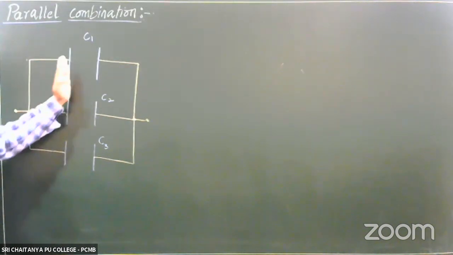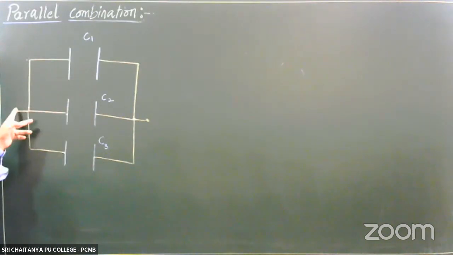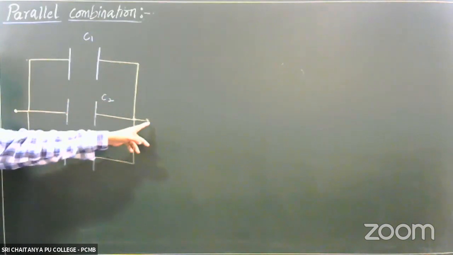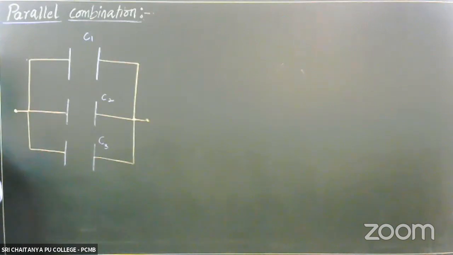The combination of capacitors where all the first plates are connected to one common point and all the second plates are connected to another common point, that combination is the parallel combination. See in the diagram, they are parallel to each other.